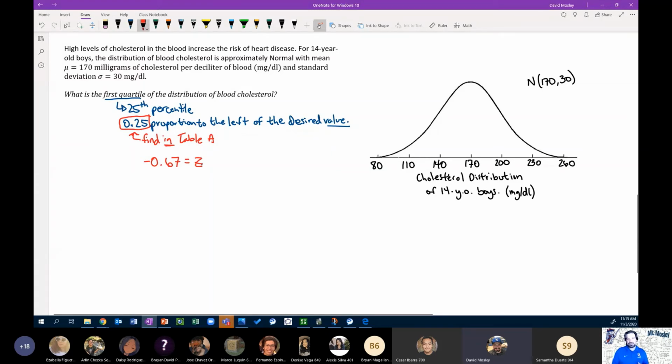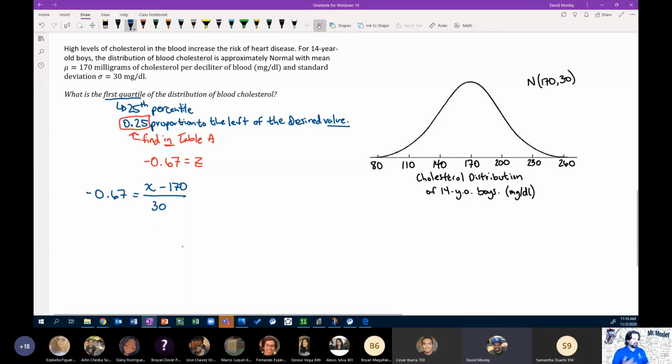Now I can use this to work backwards in the z-score calculation to find the value that goes along with the 25th percentile, which means I start with negative 0.67, and I set that equal to x minus 170, the mean, divided by 30, and I solve for x.